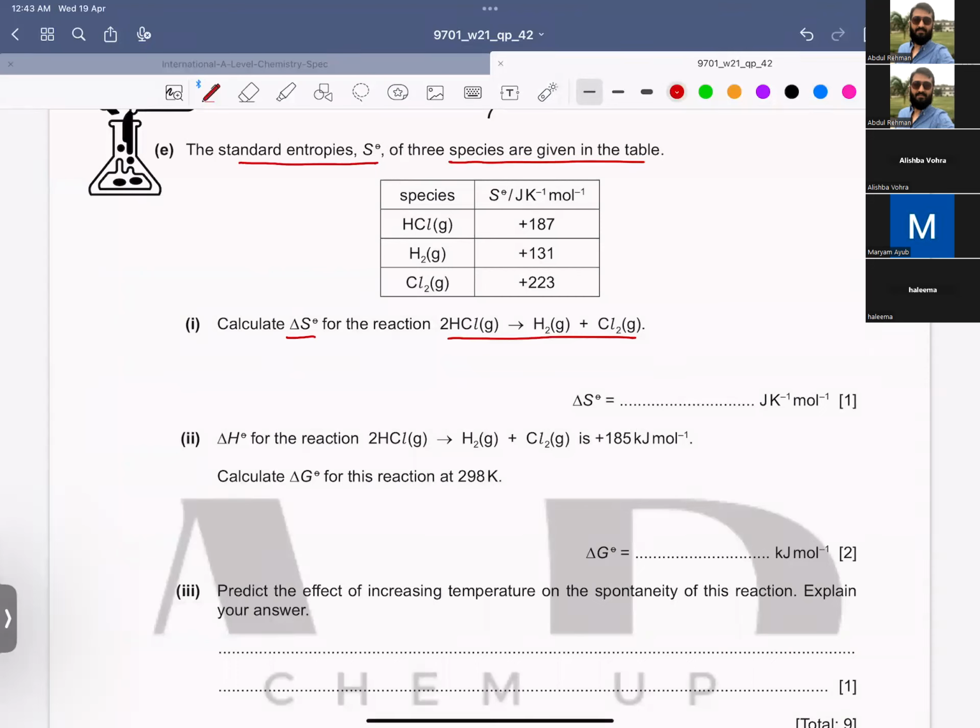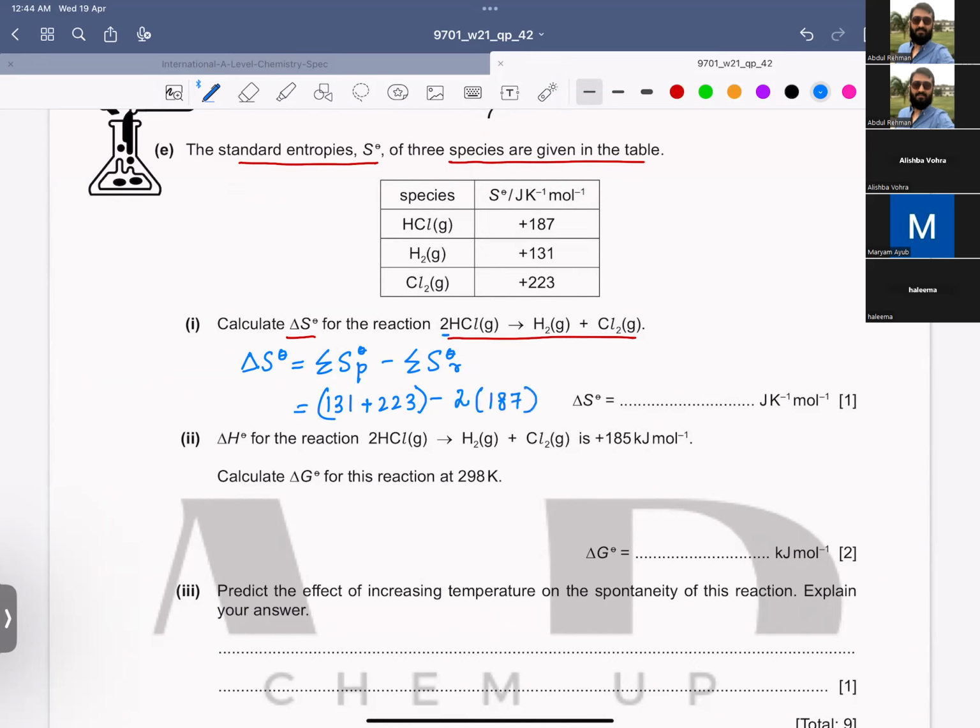Whenever we have to find the entropy change for a reaction, it would be equal to the sum of entropies of the products minus the sum of entropies of the reactants. In the products, we have 1 mole of hydrogen, whose entropy is 131, then 1 mole of chlorine, whose entropy is 223, minus 2 times the entropy of HCl, because there are 2 moles.